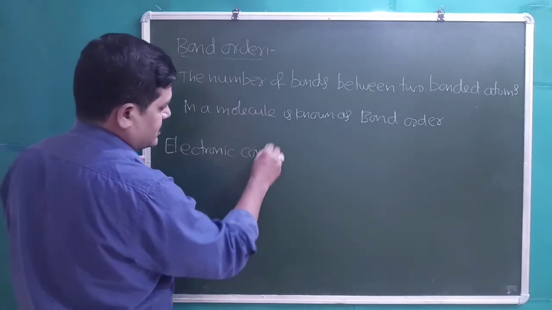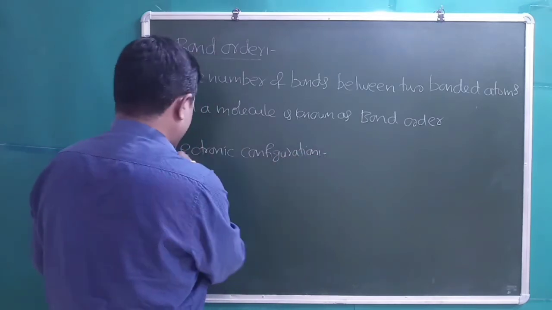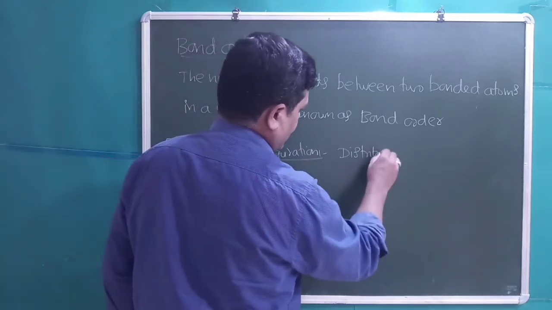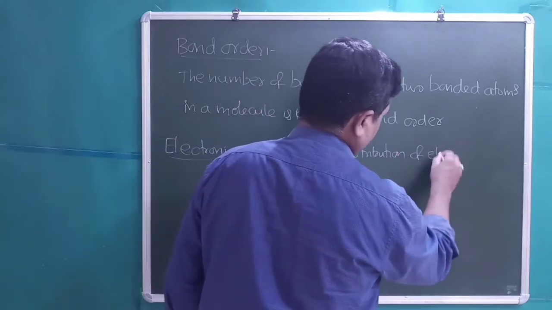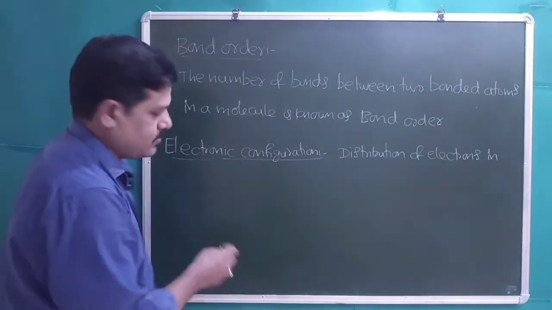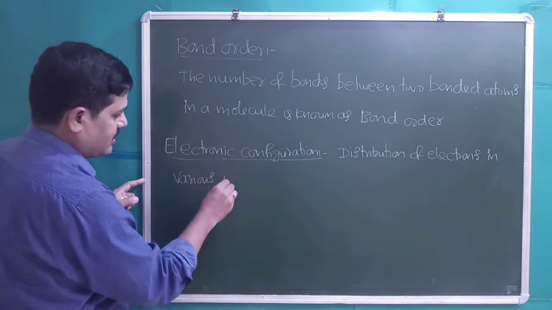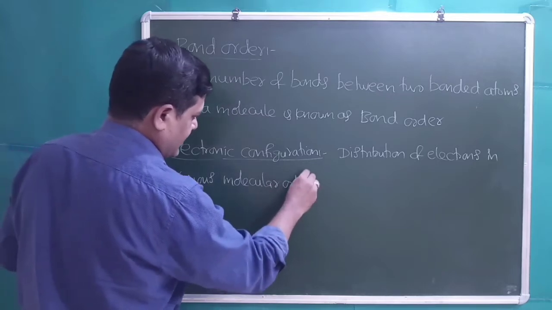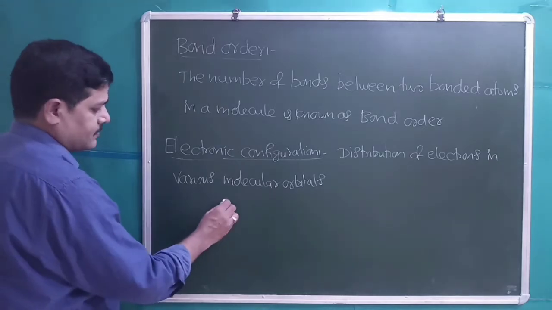Electronic configuration is the distribution of electrons in various molecular orbitals, that is known as electronic configuration.